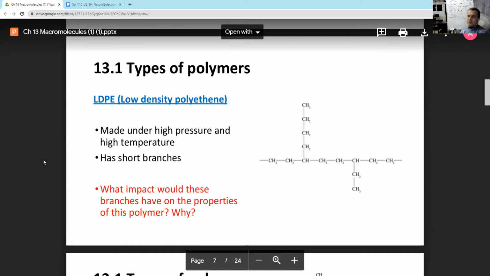So Ross has said the molecules can't pack tightly together, causing the dispersion forces to be weaker. So what do you think the properties of the plastic would be? Low melting point, yep.